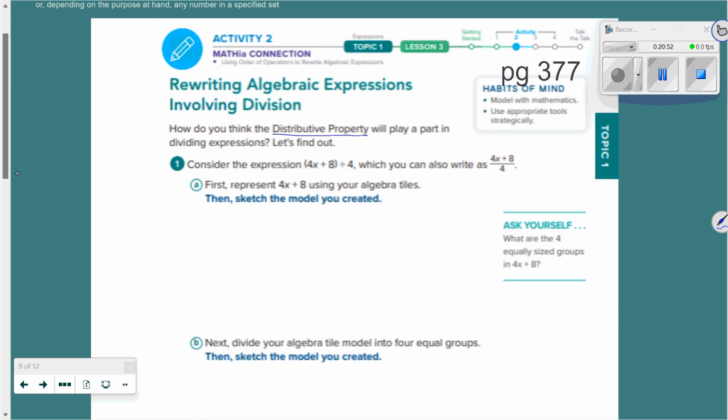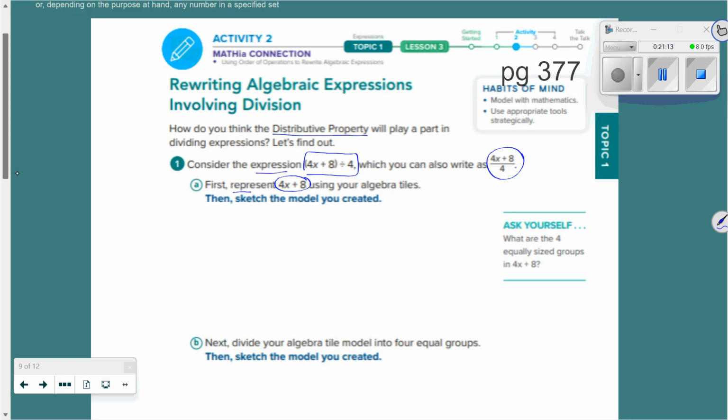Distributive property. That's why I have a number on the outside, parentheses and stuff on the inside. So if I look at an expression, 4x plus 8 divided by 4, I can also write that in fraction format, right? So we're going to start by using these algebra tiles and start writing it.